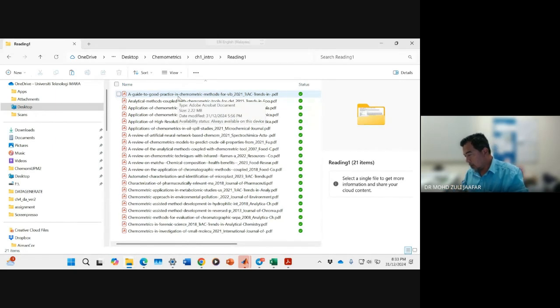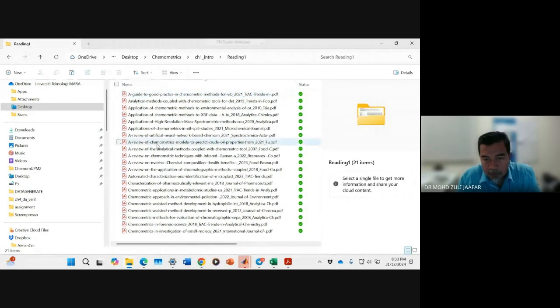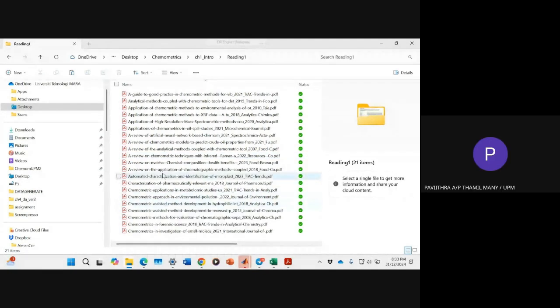I will jot down who is participating in this process so that better assessment can be made in the future. Just pick one paper. Doctor, can I start? Yeah, good. Which paper?